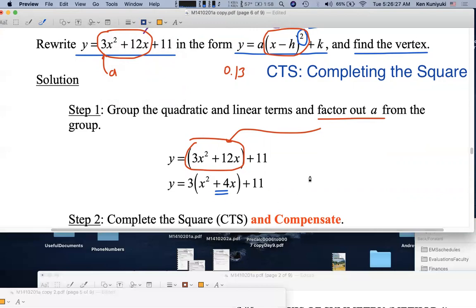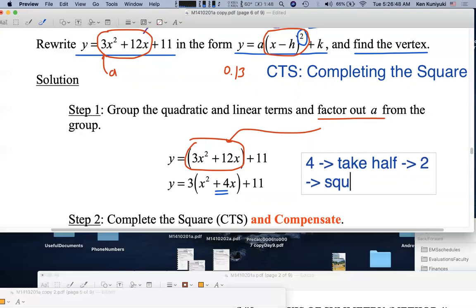What do we do? Well, we take 4, and when we take half of 4, we get 2. Half of 4 is 2. And then what do we do? We square the 2.